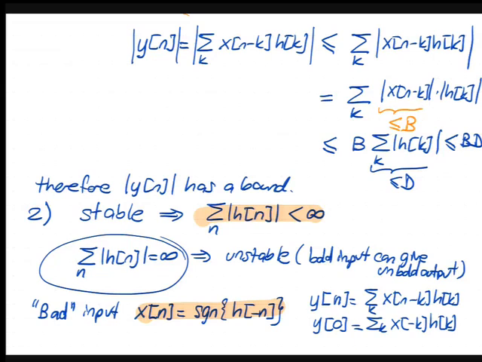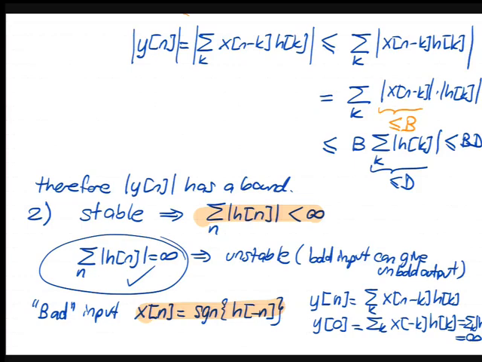Therefore, you get the absolute value, right? So here you get the sum over k of the absolute value of h of k, and because of this assumption, that is infinity. And here you go. An input x of n that gave us an unbounded output.